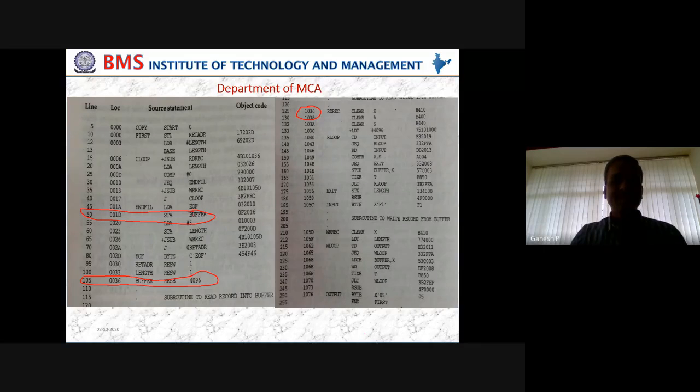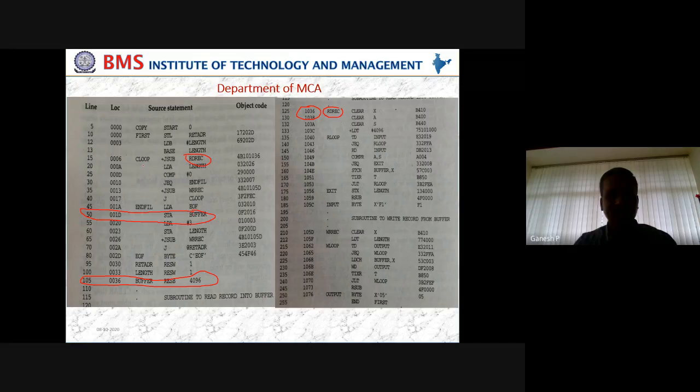That avoidance is possible because we are going to keep the data and the instruction close to each other. Similarly, look at where we have used RDREC. Where is RDREC defined? It is defined somewhere here, at 1036.